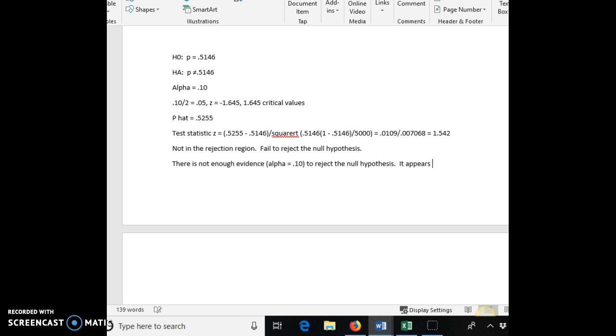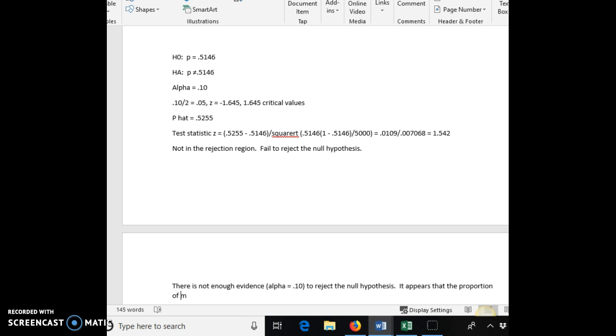It appears that the proportion of males born during economically low periods does not differ from 0.5146.